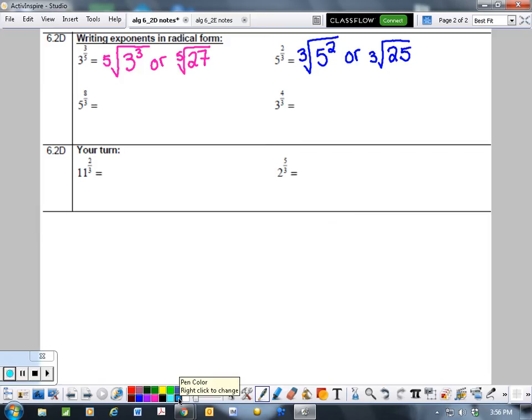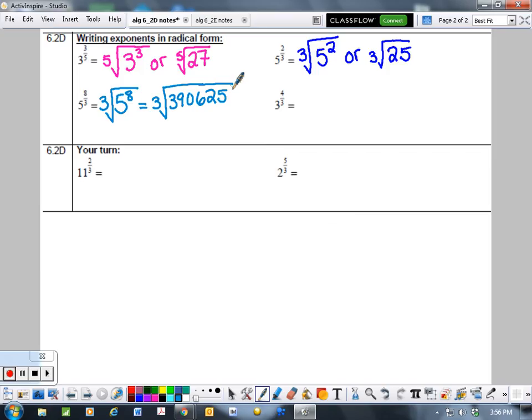So this is really going to be the third root of 5 to the 8th power. Then I should probably figure out, and this is going to be a crazy number, what is 5 to the 8th power? Well, so this will be the third root of 390,625.